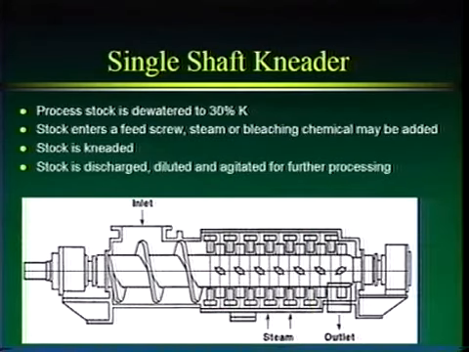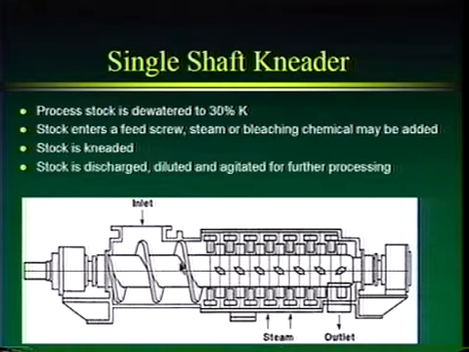Okay, so let's look at a diagram of a single shaft kneader. Previous to the pulp coming into our system here, we've already thickened our stock to 30%. Again, it might be a gravity decker and some type of screw press, perhaps. The stock enters the feed screw portion down here, and the screw is going to push that pulp in towards the kneading section.